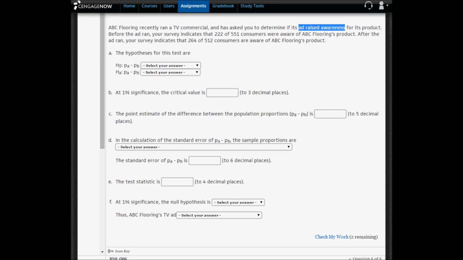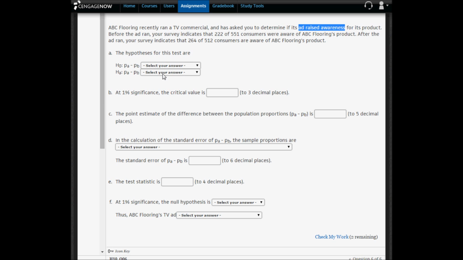In problem 6, we want to know if an advertisement raised awareness for a company's product. If that is true, then the proportion of people who are aware of the product after the ad was run will be greater than the proportion of consumers who were aware of the company's product before the ad was run.